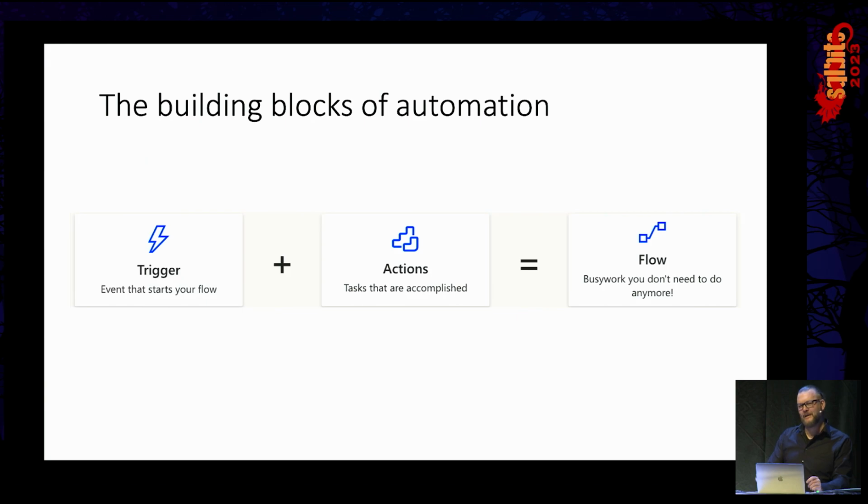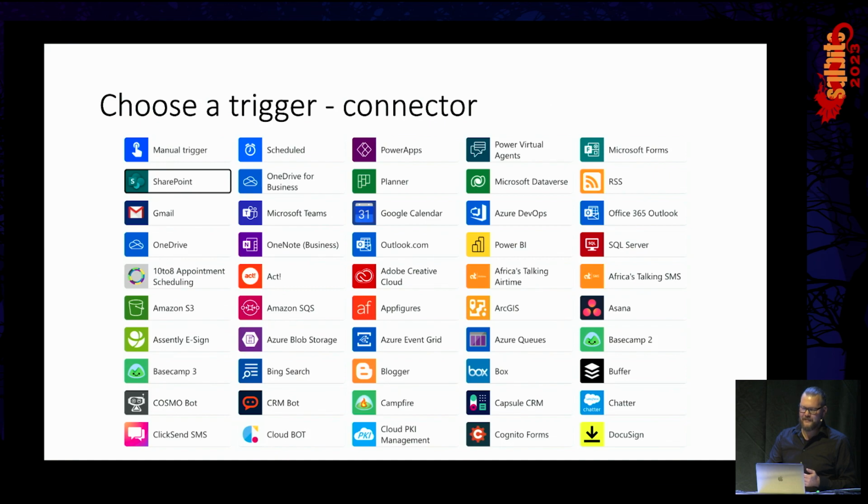Okay, it's very easy. You need a trigger, you need an action, and then at the end you have a flow. So choose a trigger. For a trigger, you need the connections, and there are some. I'll show it later on. You can scroll all the way down to pick one of the connections that you need.